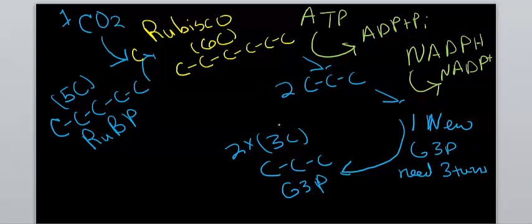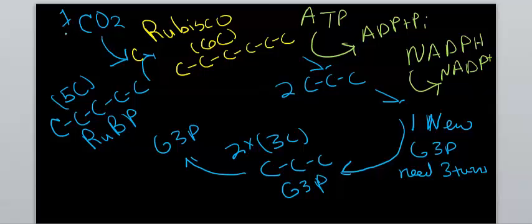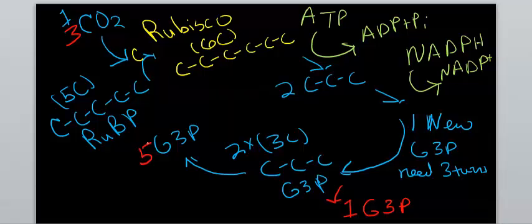That means 1, 1, 2, 3. Well, that would mean that then you would have 1 G3P, and you would have 5 G3P here.